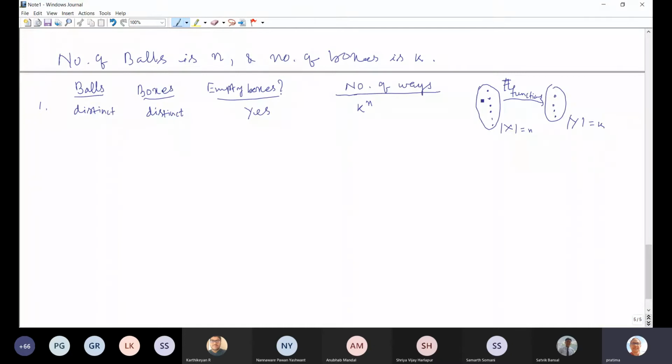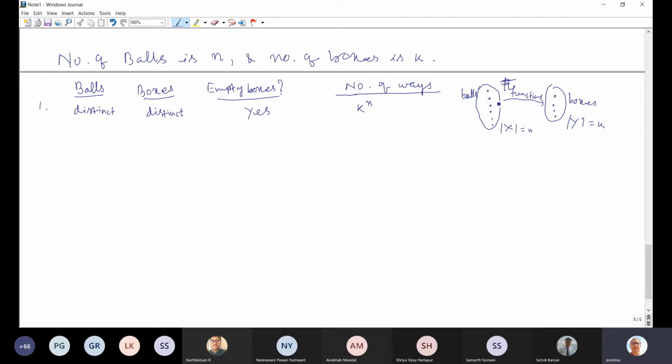So these are your balls, and these are the boxes. All the balls are distinct here. In these functions, we consider the elements to be distinct, and in this set also, the elements of y are distinct, boxes are distinct.